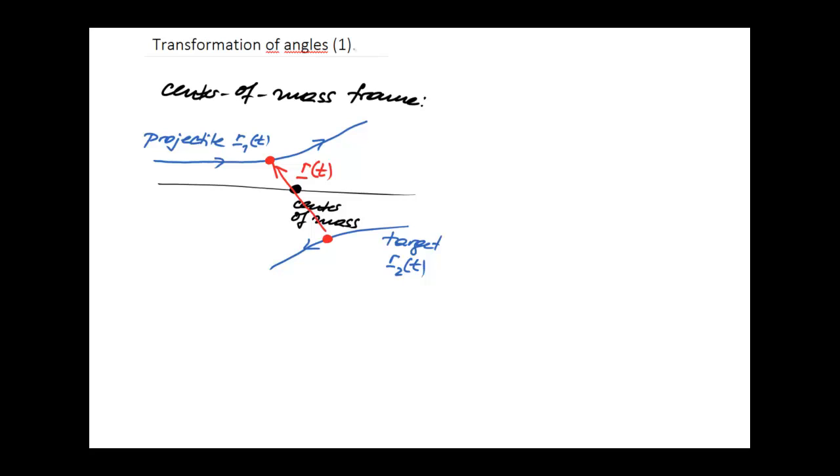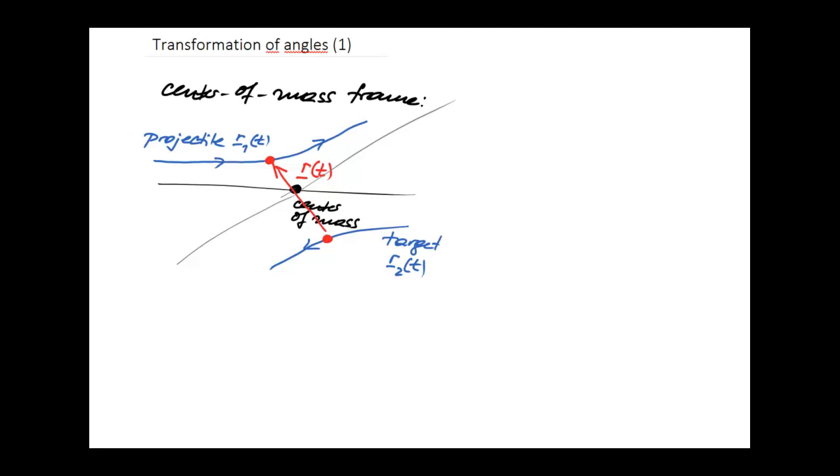Now when projectile and target are far away from each other still, before the encounter, then asymptotically they move parallel to this horizontal beam axis that I drew. After the scattering, or long after the scattering, again they move uniformly along straight lines, but this other asymptotic straight line is tilted against the original beam axis.